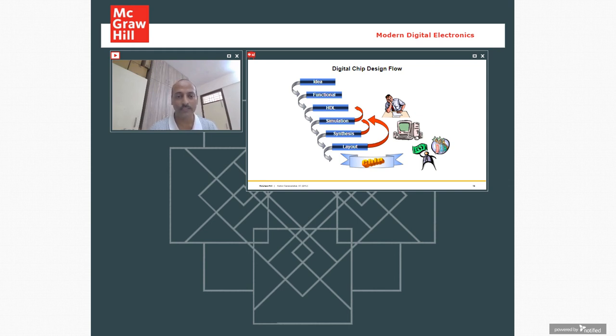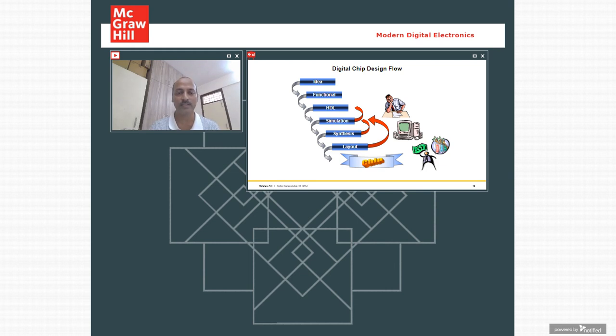Depending on the HDL, you write the code and then simulate it to test its functionality. Is the design code working, meeting your functionality or not? If not, you need to revisit your HDL code.